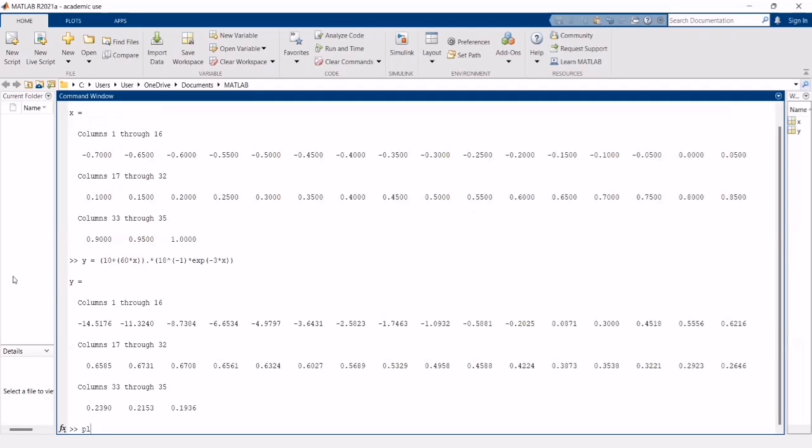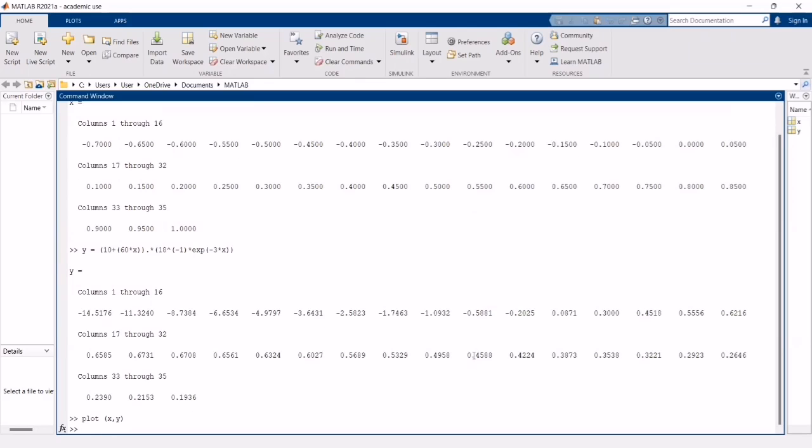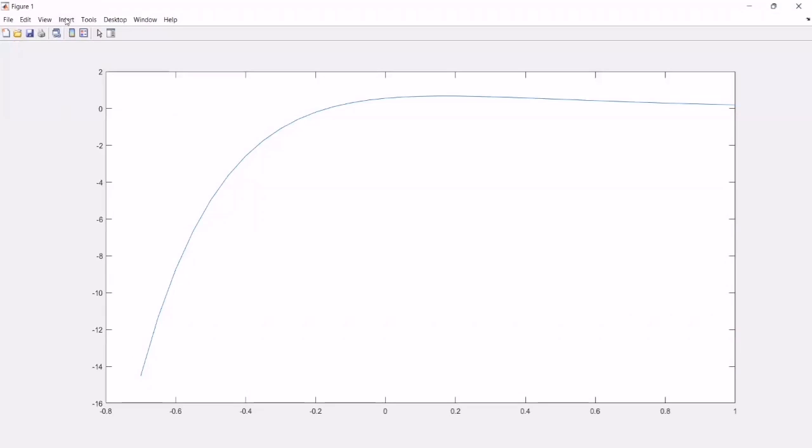So we plot the graph for x, y, and we get the graph. So we must label: the x-axis is time in second, and the y-axis is current in ampere. We put the title, current versus time.